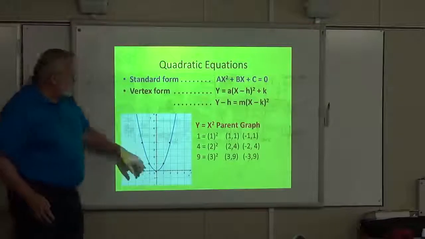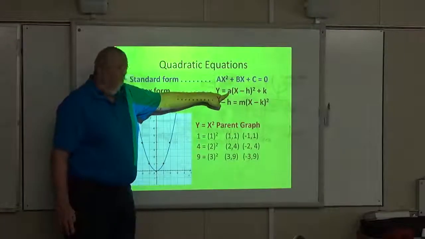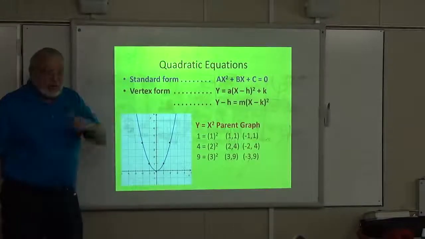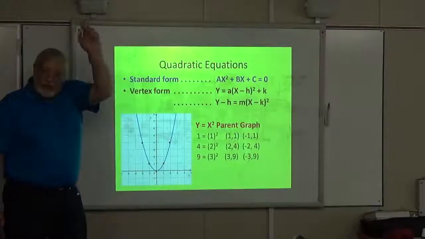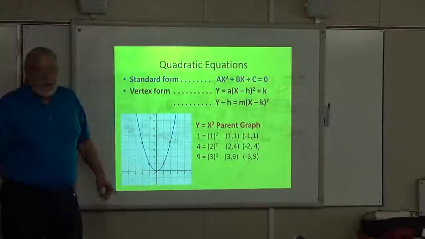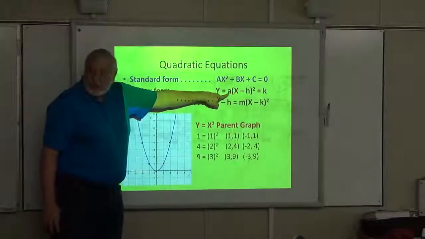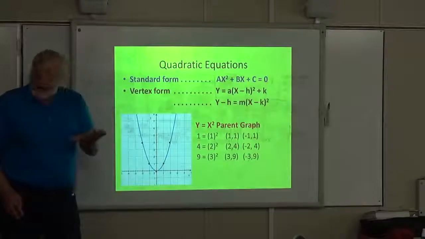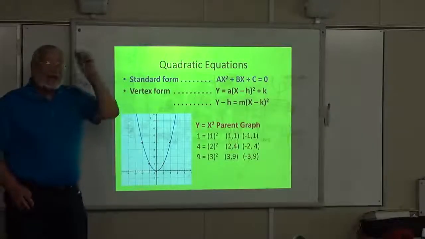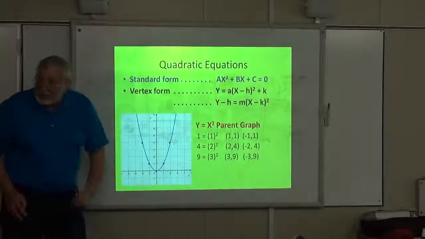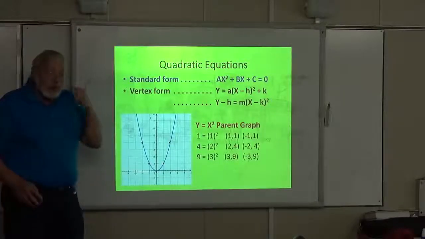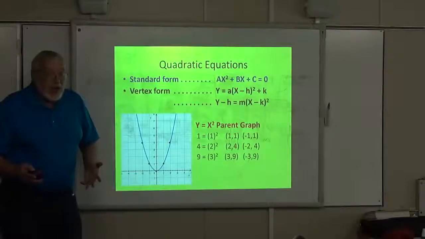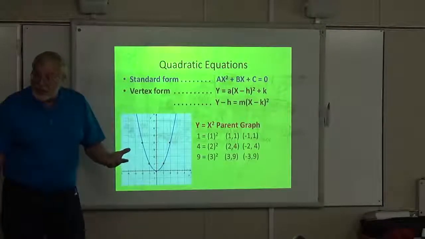If the value here is 1, after you find the vertex, you go over 1 up 1, over 2 up 4, draw your parabola, and you're done. If the a is a 1. That's not stressed, but I find that is so simple. After you find the vertex, it's a parabola, which means what? It's symmetrical.